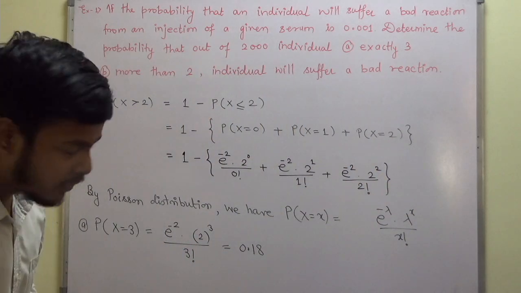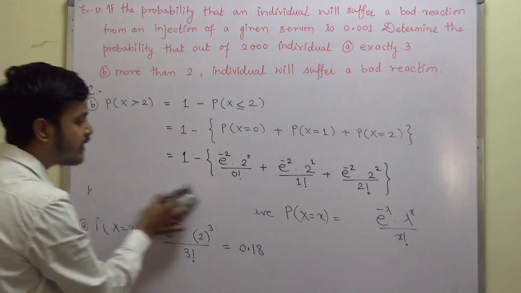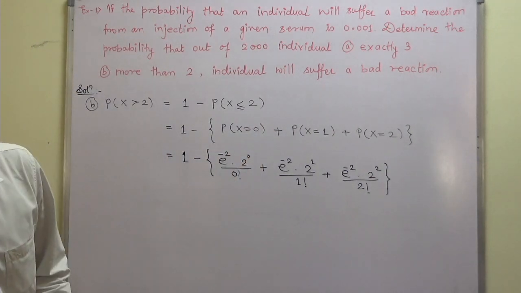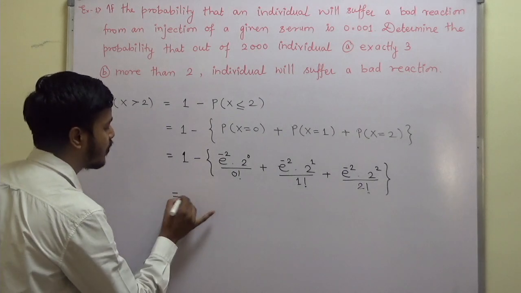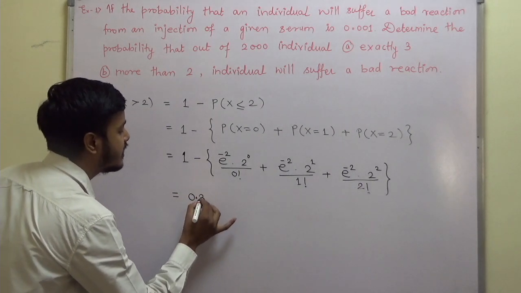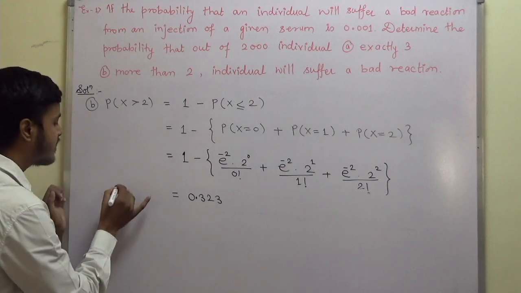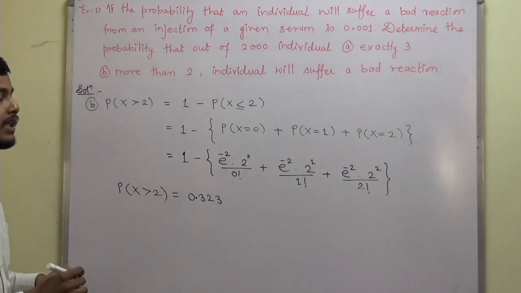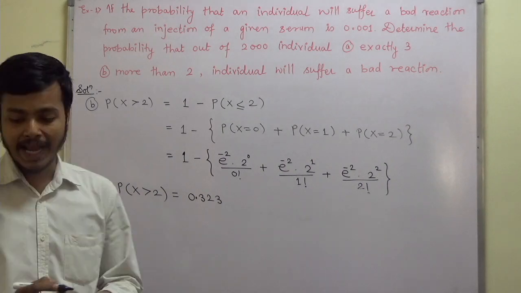When you solve this, you'll get a value of 0.323. So this is the probability of more than 2 individuals who will suffer from a bad reaction.